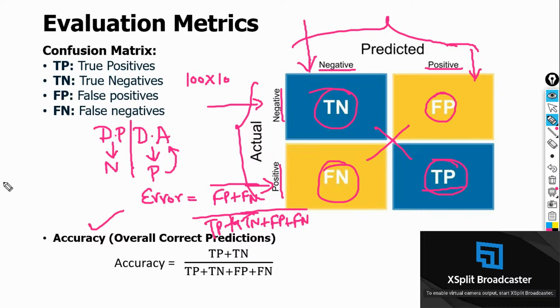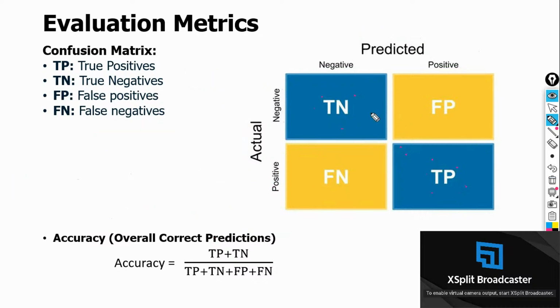So we discussed, accuracy plus error equals 1. If you have the accuracy, you can calculate the error. So this is how you interpret the values of a confusion matrix.